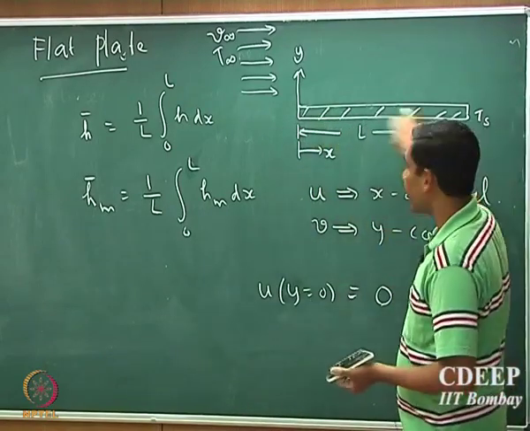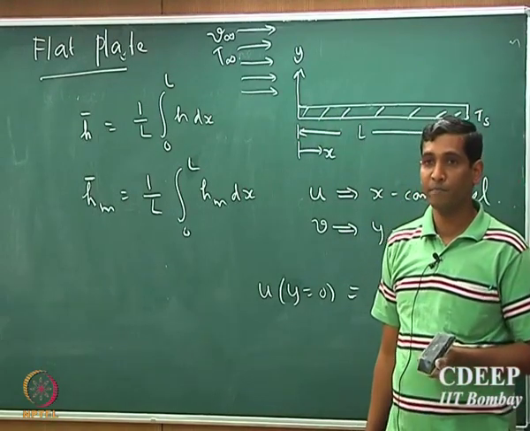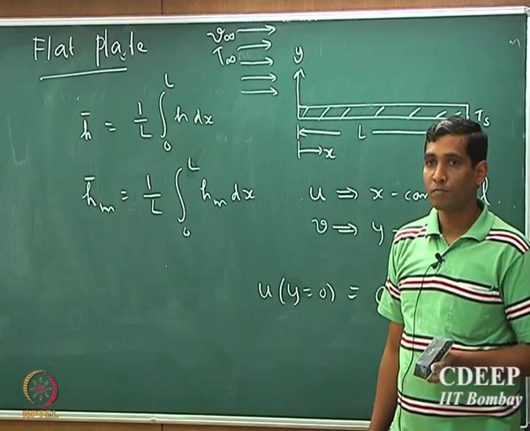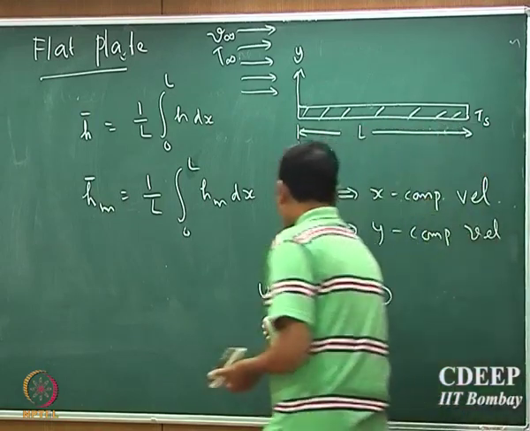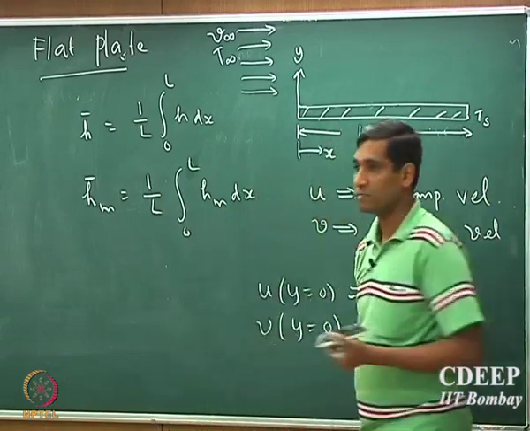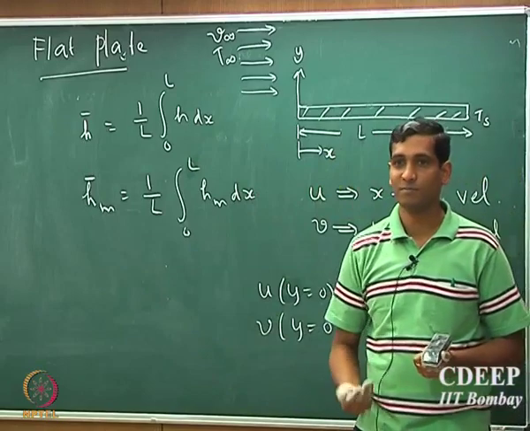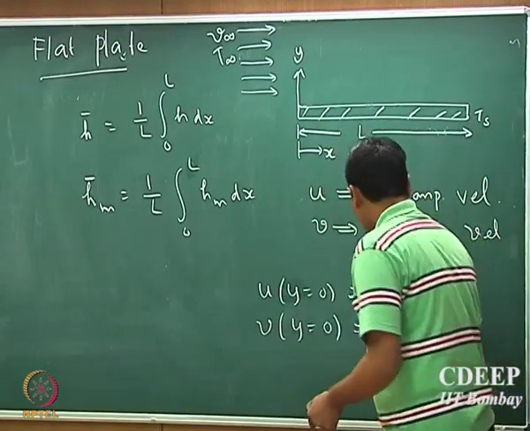So the fluid is not made to move in the other direction. What about the y component velocity? V at y equal to 0 is also 0.